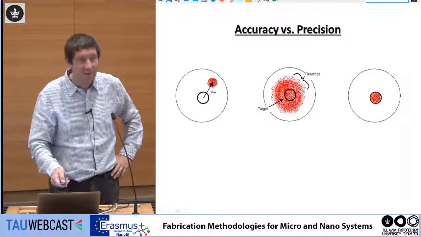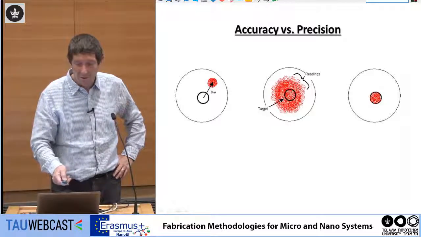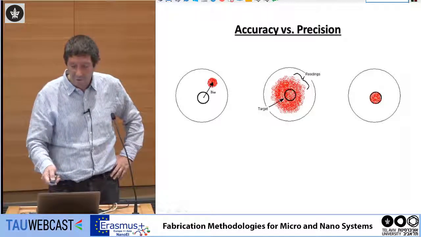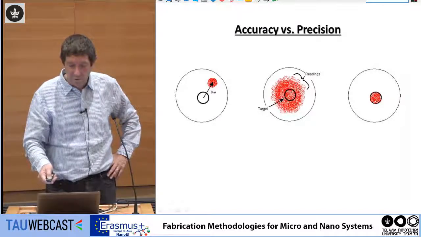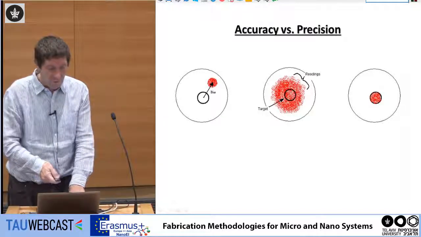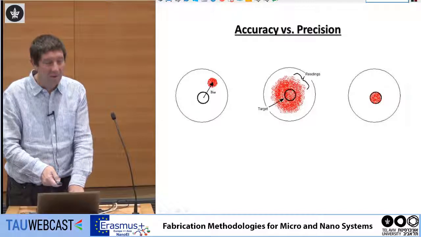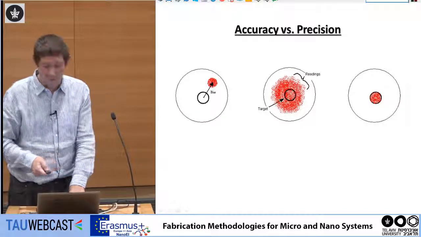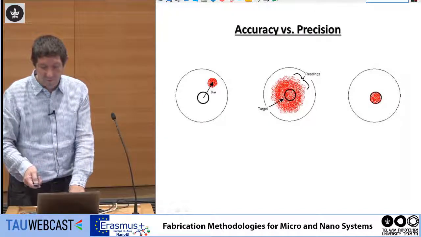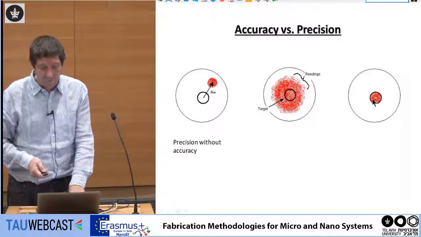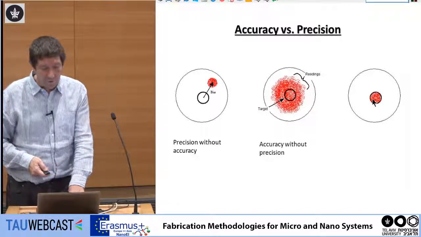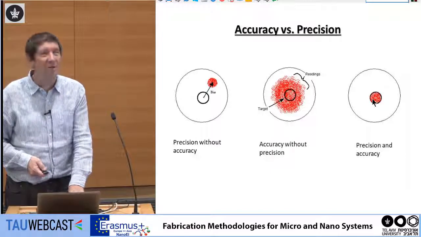The average should be the same, but the error is larger, while it should be on target. So here we are very precise, but we're not very accurate. Here we are precise and accurate. Precision without accuracy, accuracy without precision, and this is precision and accuracy.